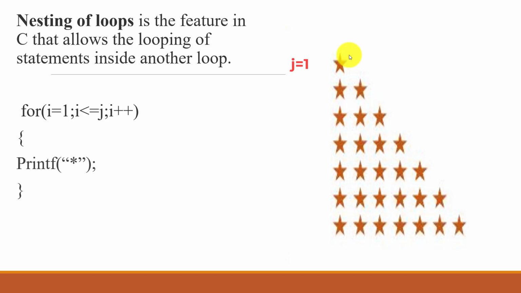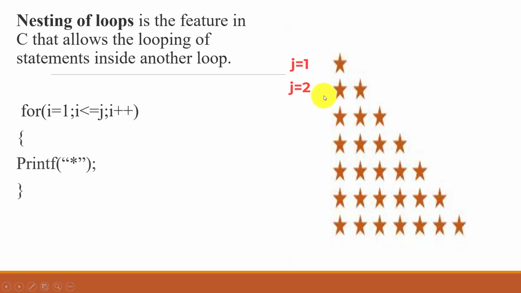Suppose we consider these two variables, I and j. First, j is nothing but the line number; j is considered for the first line. At the first line j is equal to 1, and I is for printing all the stars. Here I is also 1.